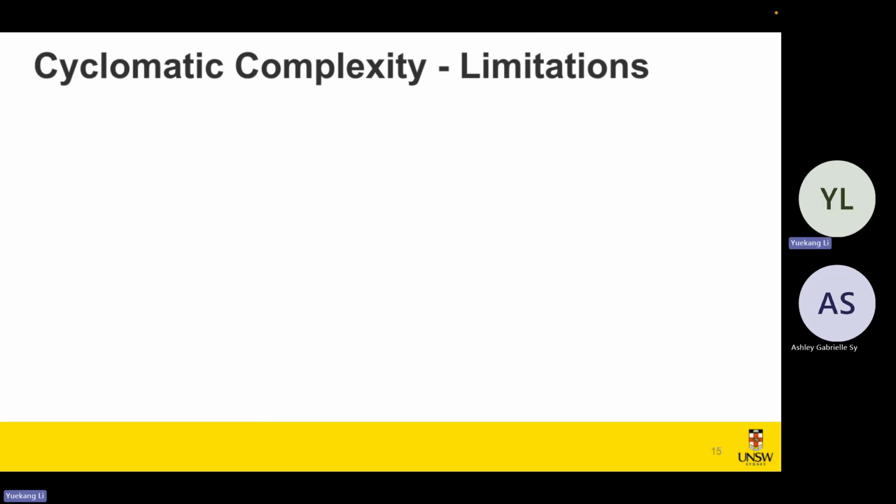So that is all about the calculations and definition of cyclomatic complexity. Because we have this fast calculation formula, we can quickly calculate the cyclomatic complexity of a piece of code by just doing some string matching, right?